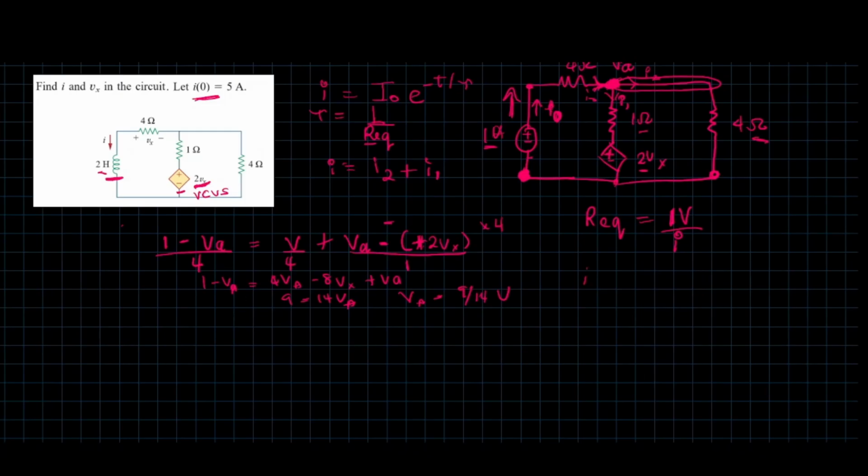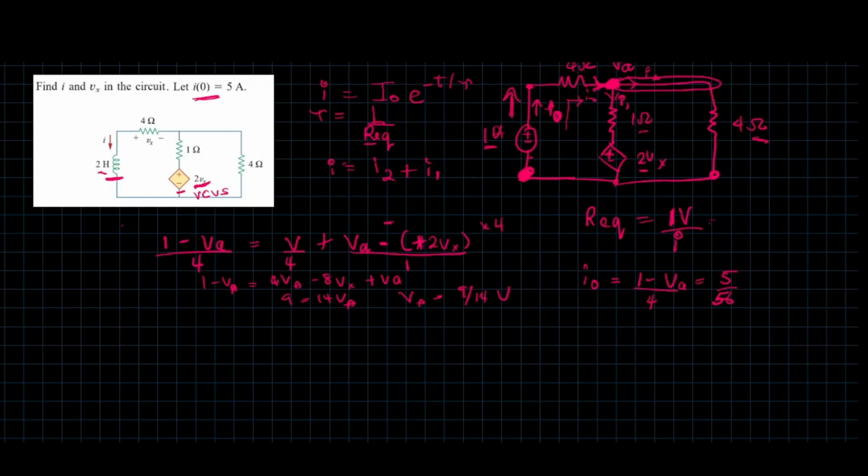Now to find I0 is simply 1 minus VA over 4, because it's the current flowing through this 4 ohm resistor here. We have found VA to be 9 over 14. This is going to be equal to 5 over 56. Sorry, 5 over 56.